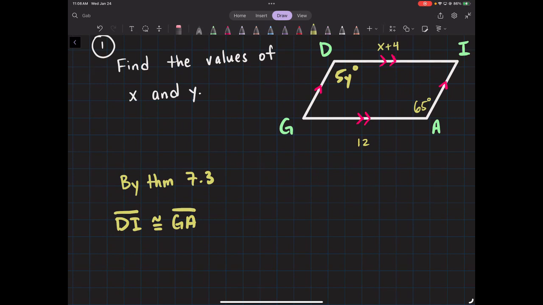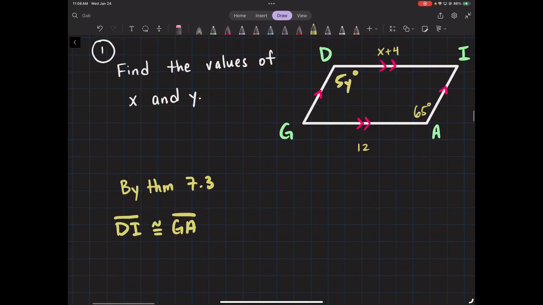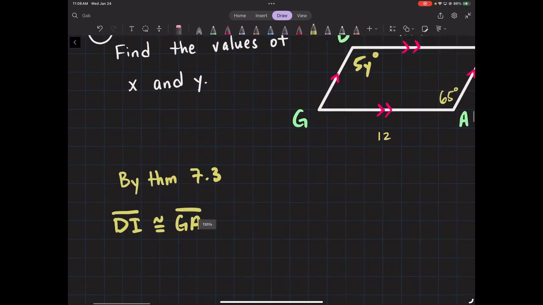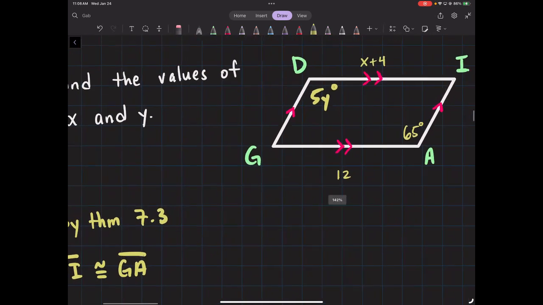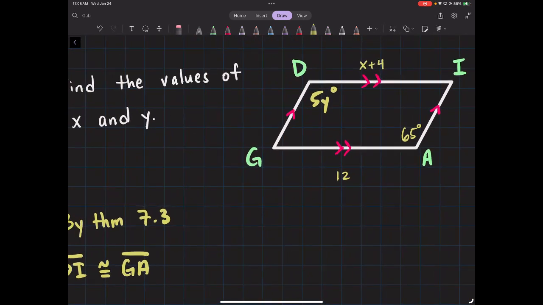How am I gonna set up my equation to solve this? So I have this right here. So DI is congruent to GA. You can set up an equation, right?